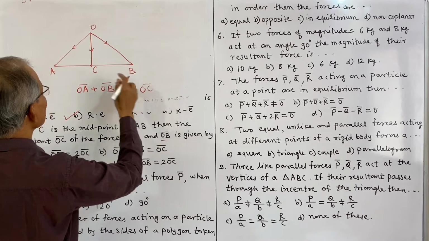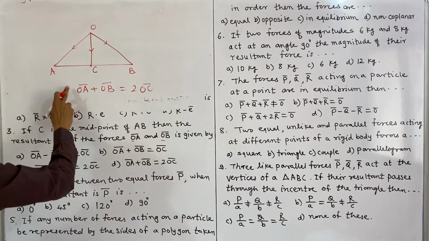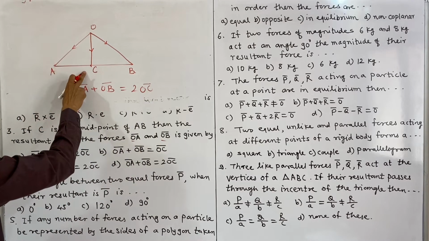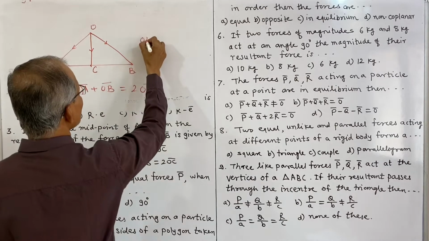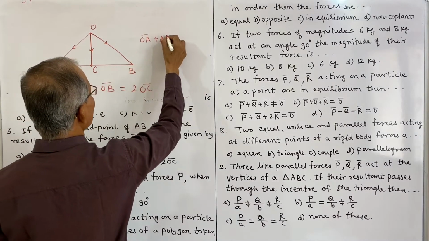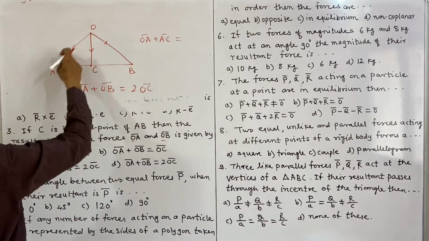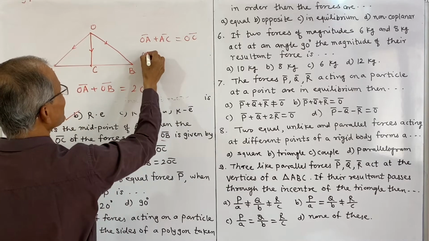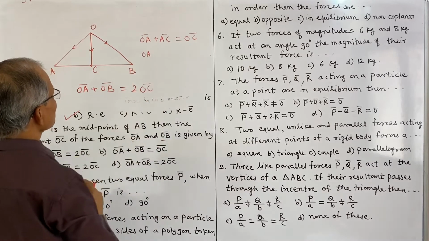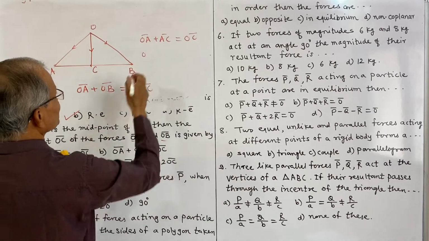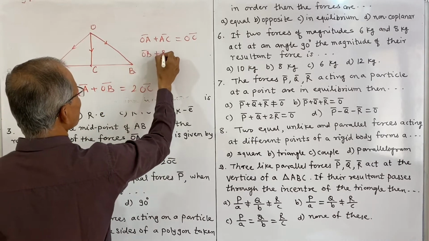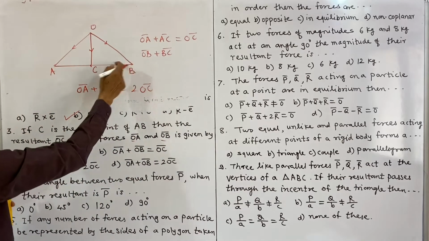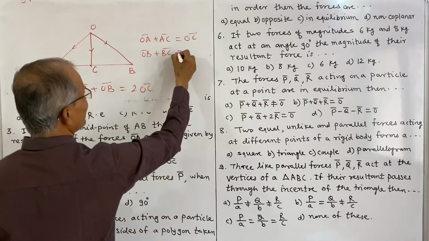How do we verify this? Consider OA plus AC. That is O to A to C, which is OC. Similarly, OB plus BC, O to B, then B to C, is again OC by the triangle law.